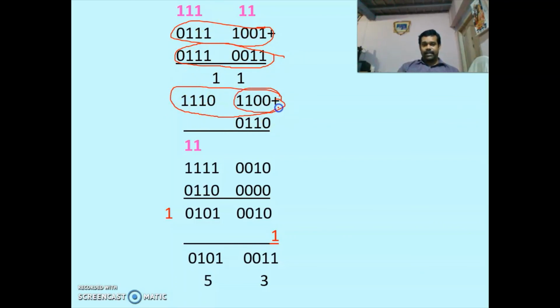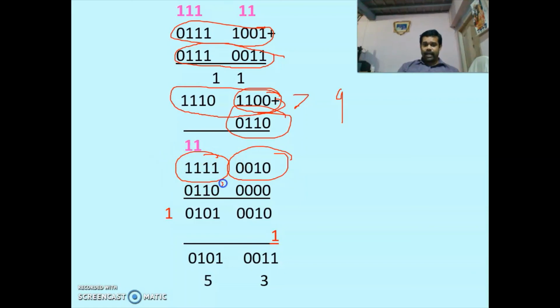So this sum is greater than 9. So we are adding a 6. While adding a 6, we are getting this as a sum and we are getting a carry and we are adding this carry with this number. So we are getting this number. So this is 15. So it is greater than 9.